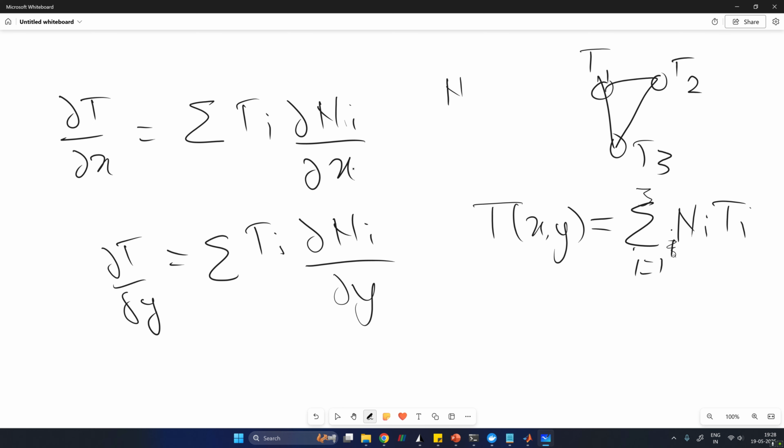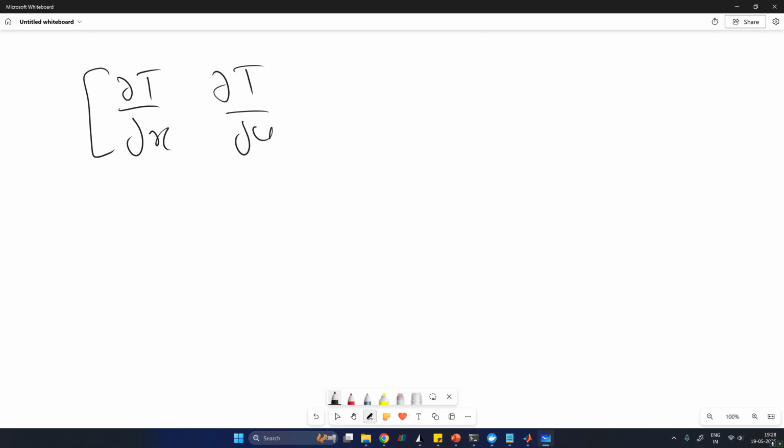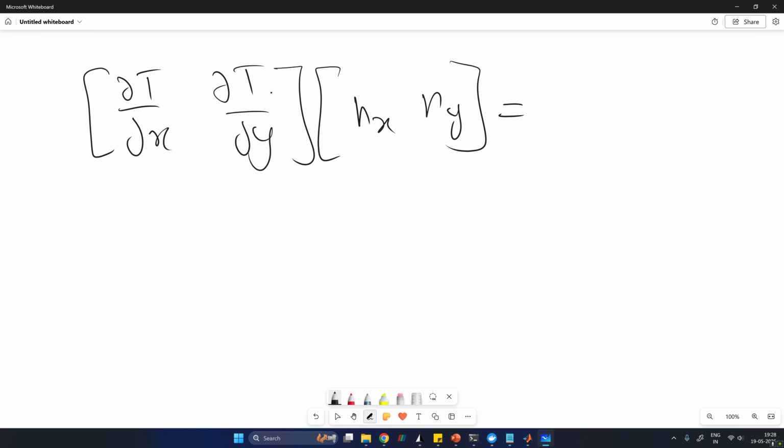and then you get a vector, and then you just dot it with the unit normal, which will also be another vector, and this would give your flux in the element, right?